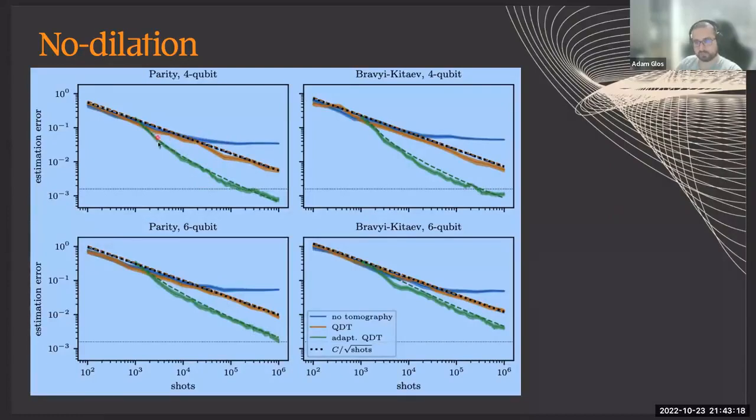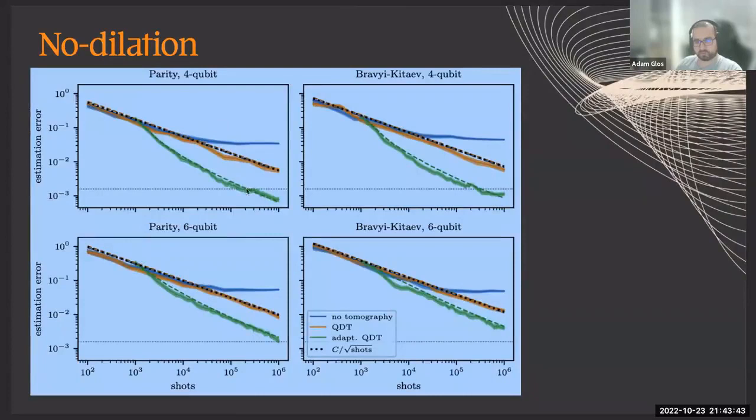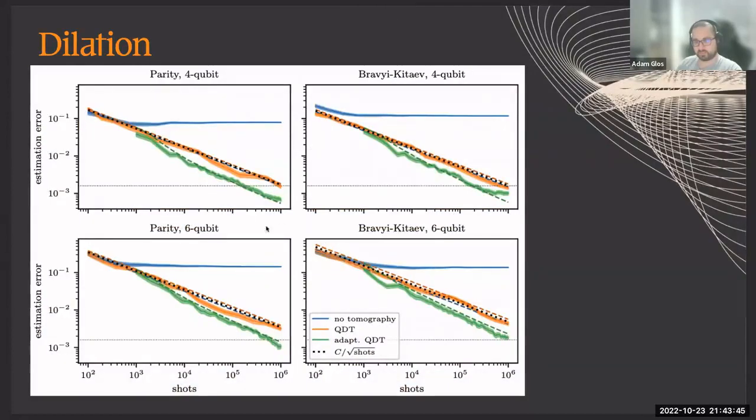And finally, if we adapt, we can go way below whatever we have from the corrected but non-adapted, non-optimized POVM. Okay, so that was for the no dilation. Very similar effect we have for dilation.